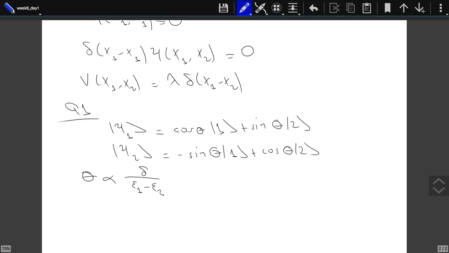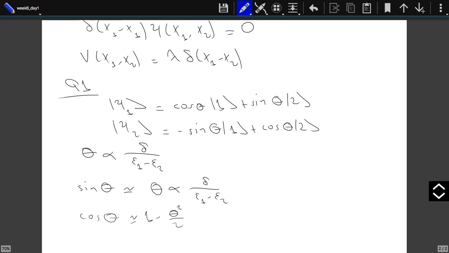Now, up to delta squared terms, sine theta is just theta, which is delta over epsilon 1 minus epsilon 2. But cosine theta is not equal to 1. Cosine theta is 1 minus theta squared over 2, which is 1 minus some factor times delta squared over (epsilon 1 minus epsilon 2) squared.